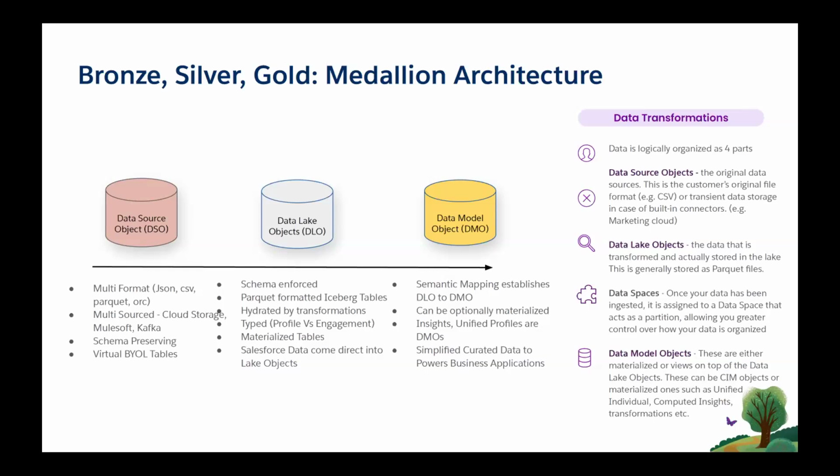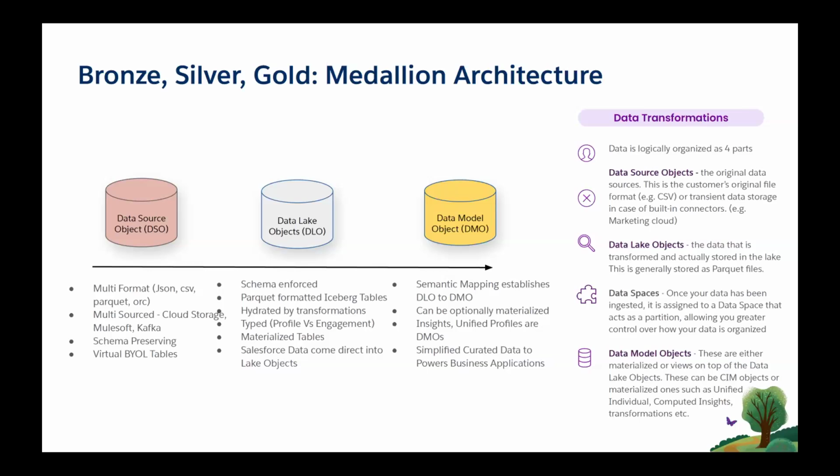Unlike data source objects and data lake objects, which use a physical data store, a data model object enables a virtual, non-materialized view into the data lakehouse. The net result from running a query with the object isn't stored anywhere. It's completely dynamic. So what we ultimately end up with is, as I mentioned before, a medallion architecture.